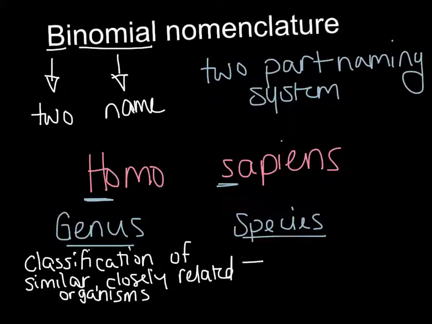And the species is going to be the same, but there's one little addition to it. Species are similar, closely related organisms, but the difference is they are all able to mate with each other and produce offspring that then can produce offspring. So if things mate together and can't produce offspring, they're not the same species.